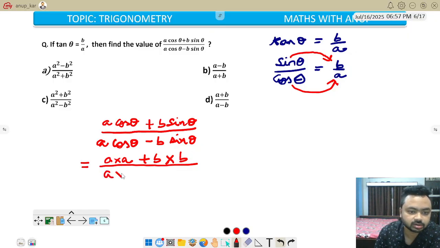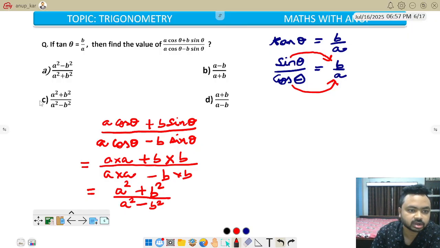Again here a into a, similarly minus b into b. So we will be getting a square plus b square by a square minus b square. So my correct option will be C.